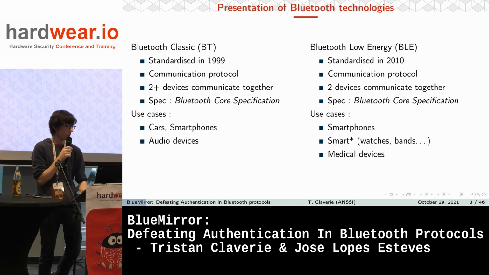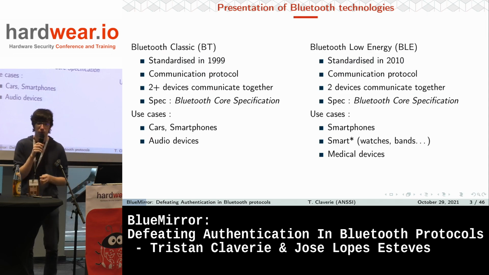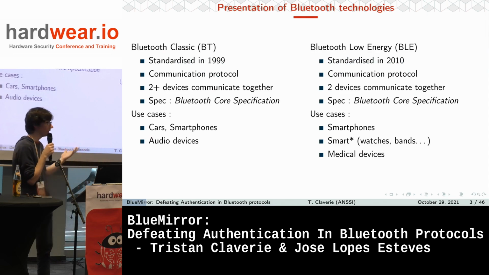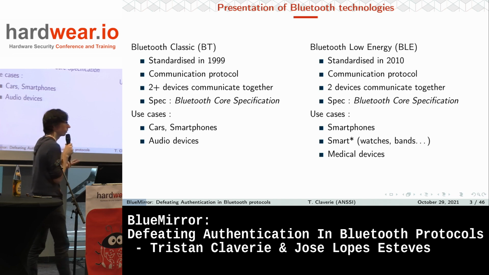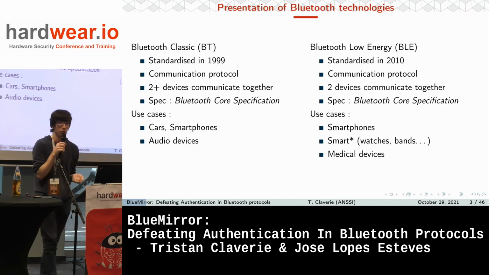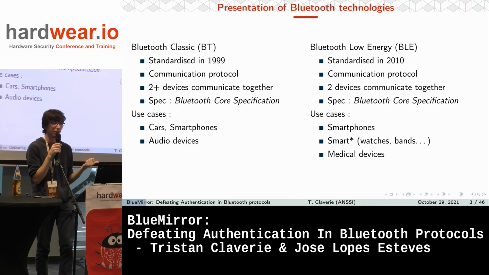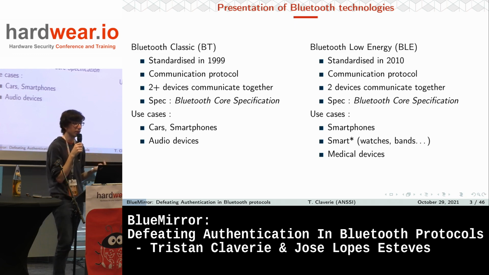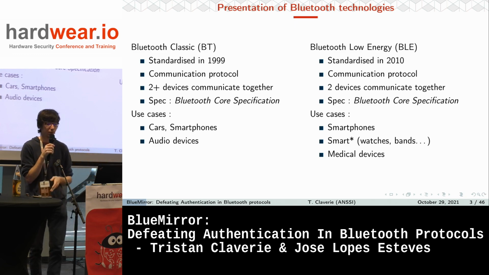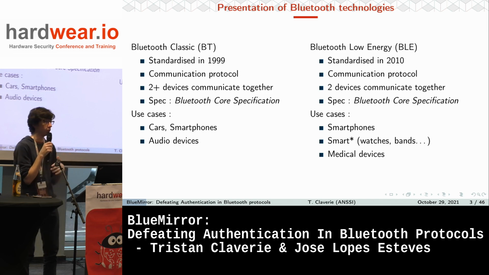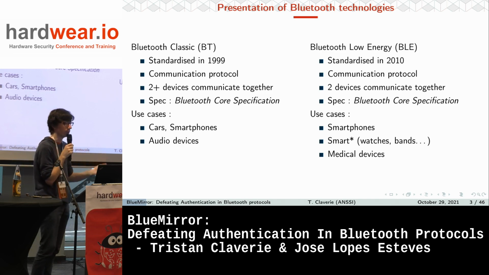First, Bluetooth. It's a very well-known trademark, but what is it? In fact, you have 3 different technologies. Bluetooth Classic, BT, and Bluetooth Low Energy, BLE, are communication protocols. The goal is to have 2 devices which communicate together.